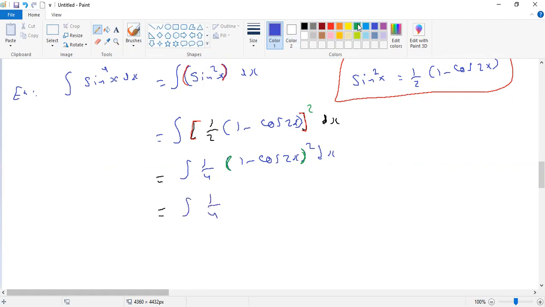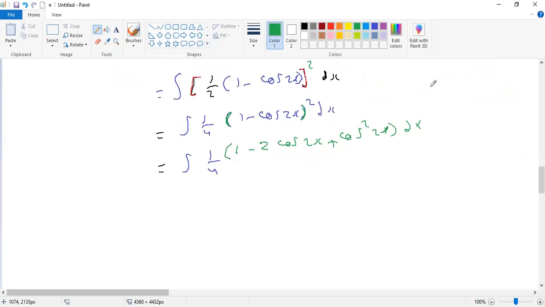Look here: first one squared, first times second times 2 will be minus 2 cosine 2x, plus the second one squared, cosine squared 2x, dx. Clear now?